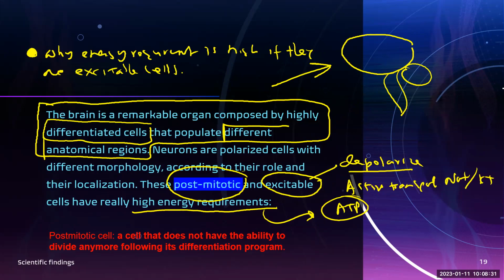However, if we are asked another question, why is the energy requirement high? Excitable cells. Here the brain is a remarkable organ composed of highly differentiated cells that populate different anatomical regions.